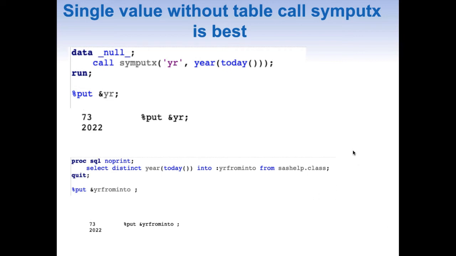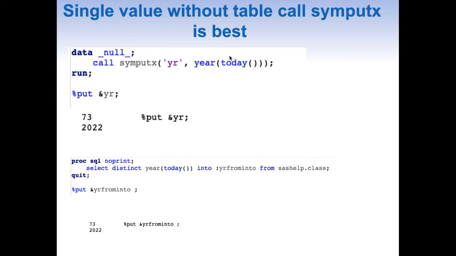And here I'm trying to show something different from what I have shown you previously. Here we have CALL SYMPUTX and we are creating a macro variable yr. For the second argument, I am using the TODAY function. The TODAY function gives the information related to the current date. On top of it, I am using the YEAR function. The YEAR function pulls the year from any date which we provide.